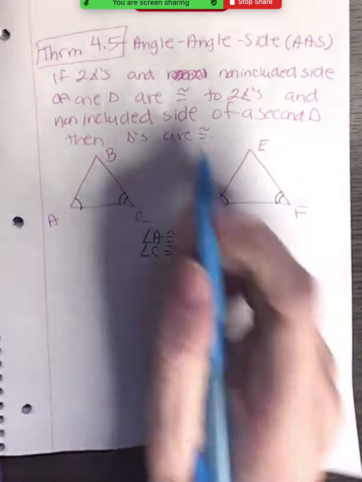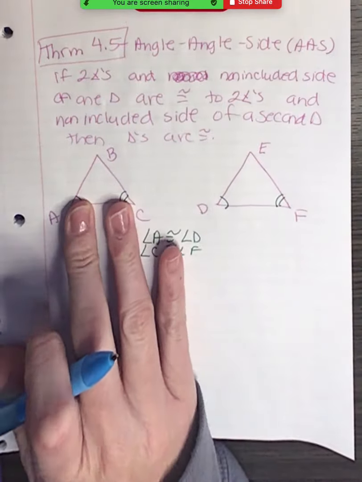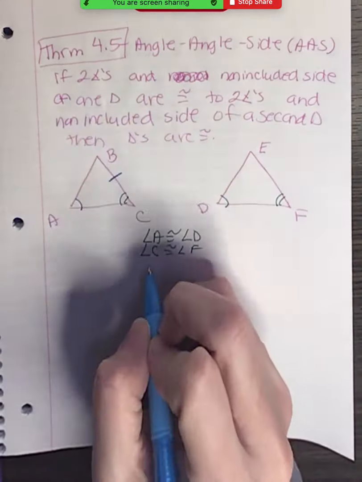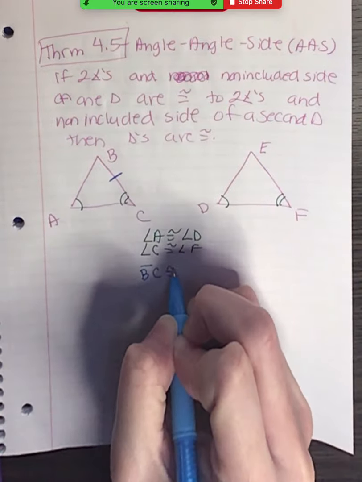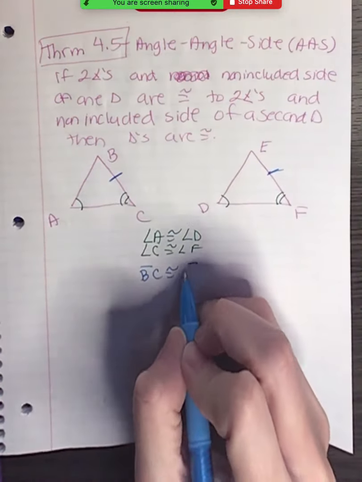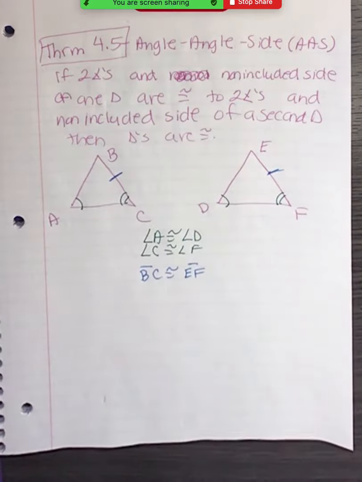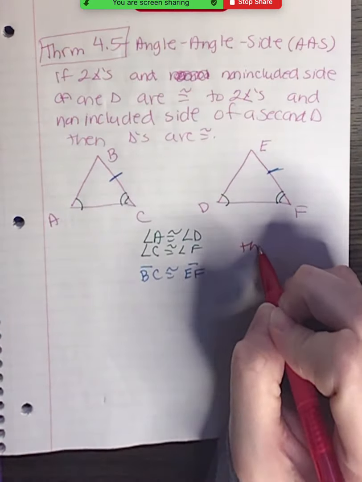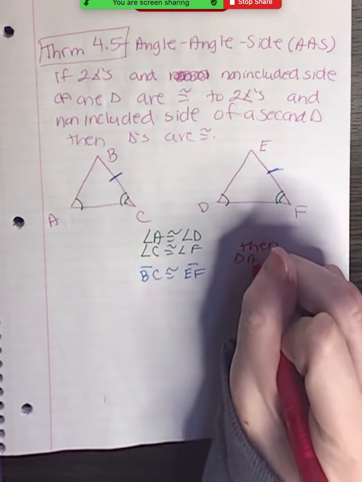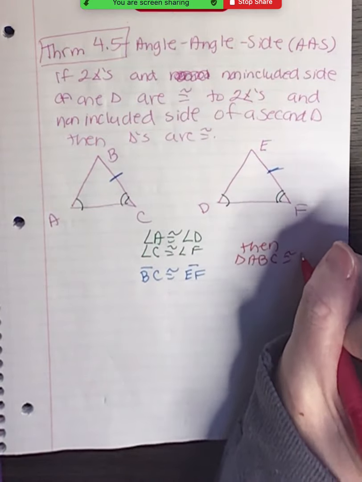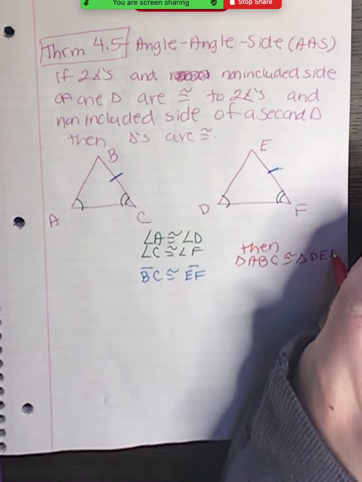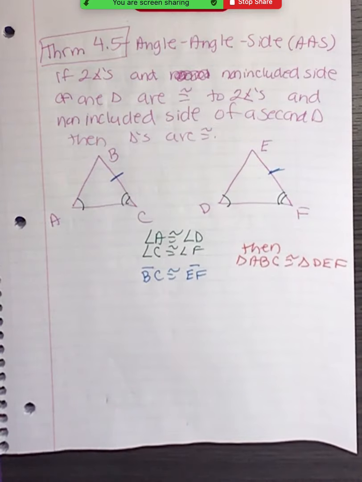So any other side but the one in between. So let's say BC is congruent to EF. Then your triangles are congruent. So triangle ABC is congruent to triangle DEF. Again, remembering to label them in the correct order. Okay, so those are our last two ways to show we have congruent triangles.